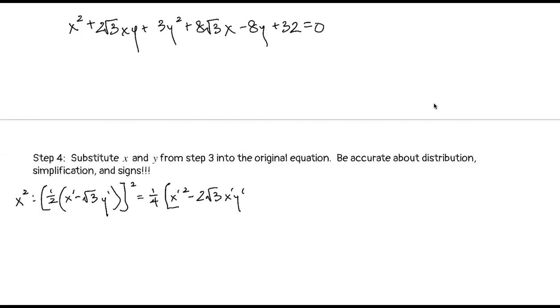And then square root of 3 y prime, squared, what does that give me? 3 y prime squared. So plus 3 y prime squared. Even though it has the radical, some of these radicals stay, like in that middle term, but some go away, like that last term.